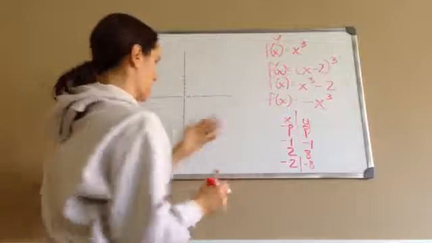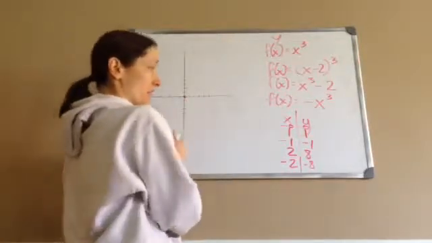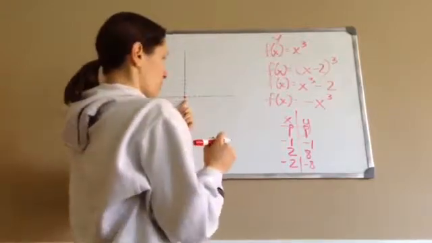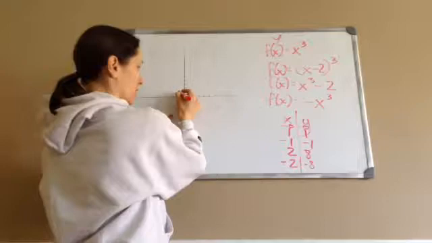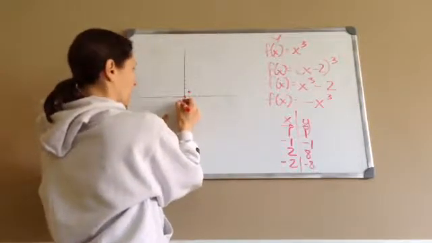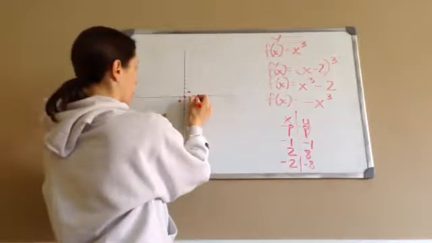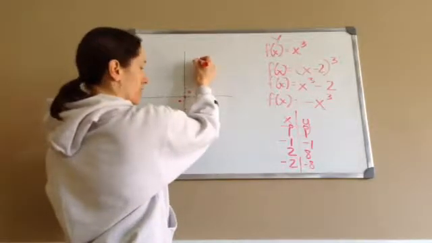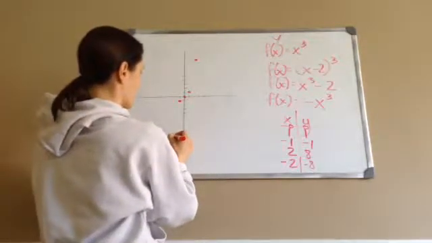Okay, so let's graph this. I always like to use 0 because it kind of gives us a middle point if there's going to be a middle point. So 0, 0, and then 1, 1, negative 1, negative 1, 2, 8, and negative 2, negative 8.